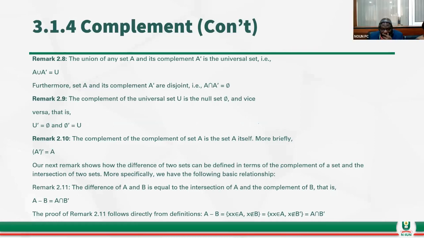Let's go to the proof now. A without B is equal to the set of X such that X is an element of A and X is not an element of B, isn't it? Yes, sir. Great. Now, equals the set of X, X an element of A, and if X is not an element of B, it means X is an element of B complement.